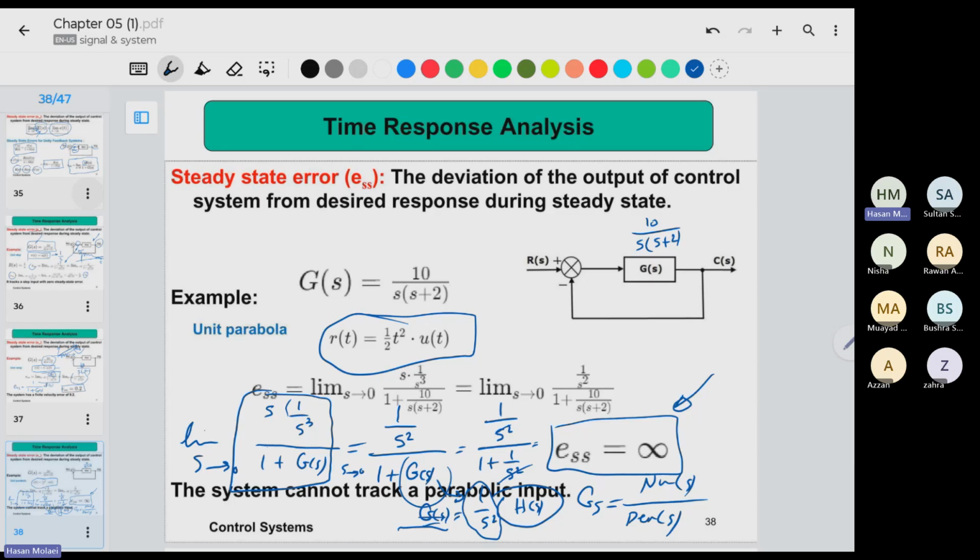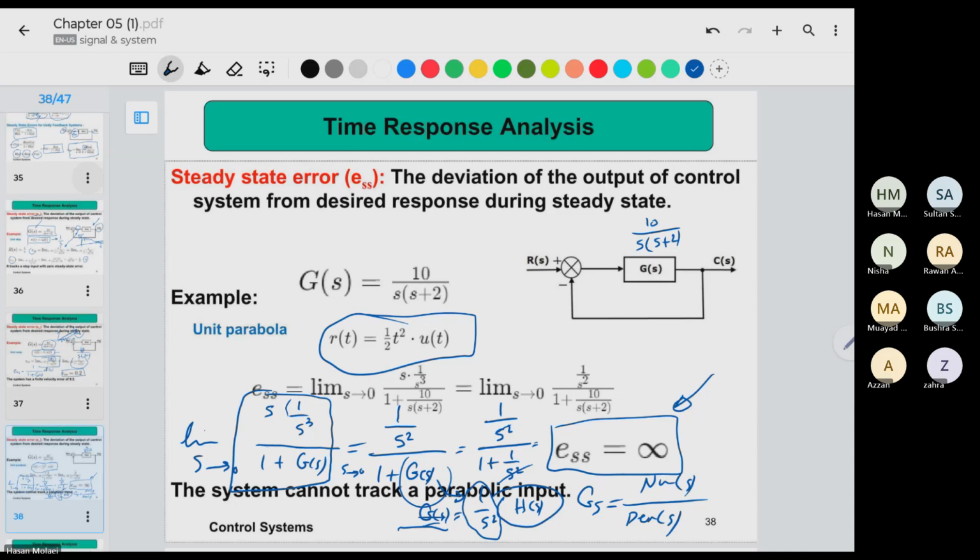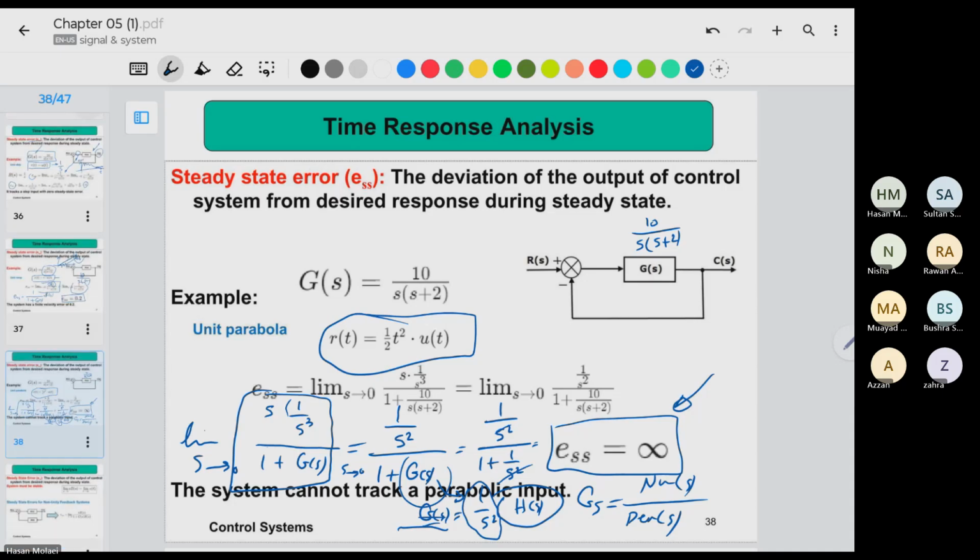So these are the things that you can somehow modify. So let's say your system is this function, but you want your system to follow this type of input.